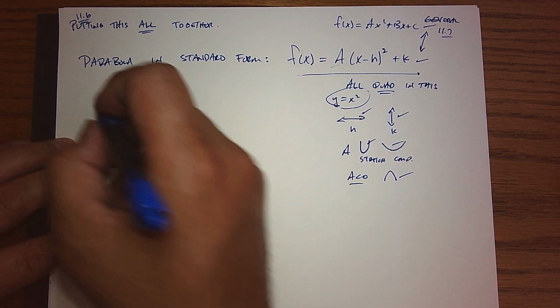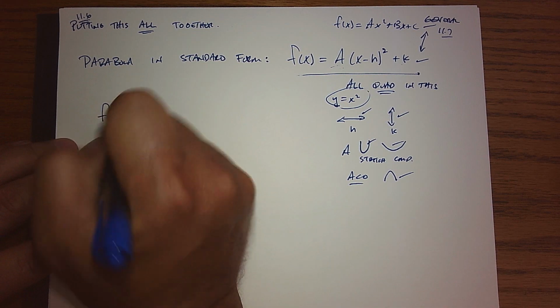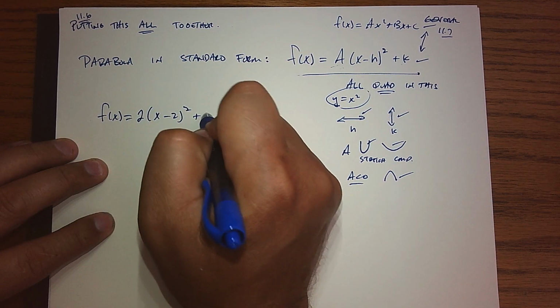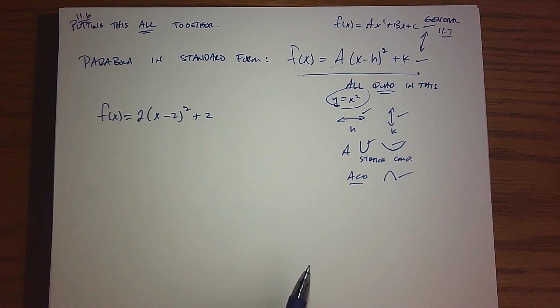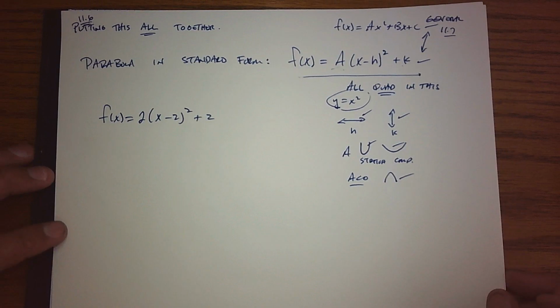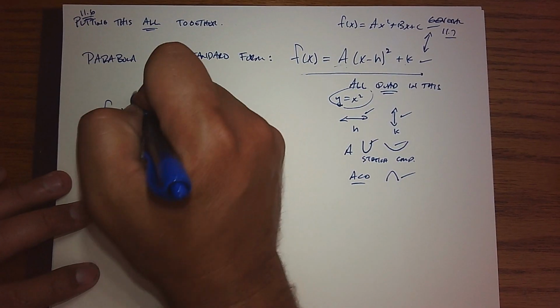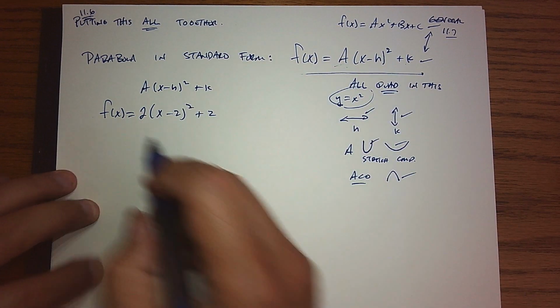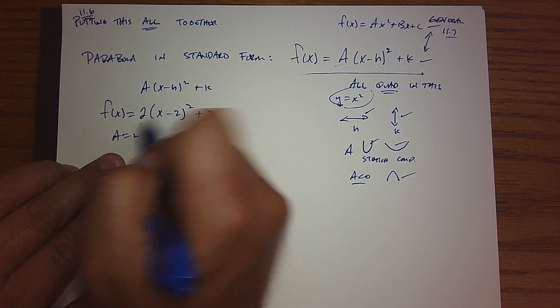And so, looking at some examples, let's say we have f of x equals 2, x minus 2, squared, plus 2. So put a bunch of 2's there. If we look at each piece alone, let me write the formula above. What this is telling us is that a is equal to 2.